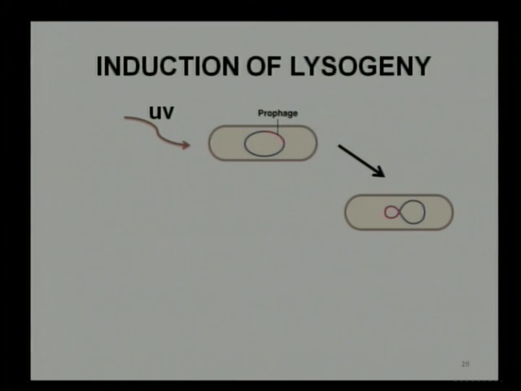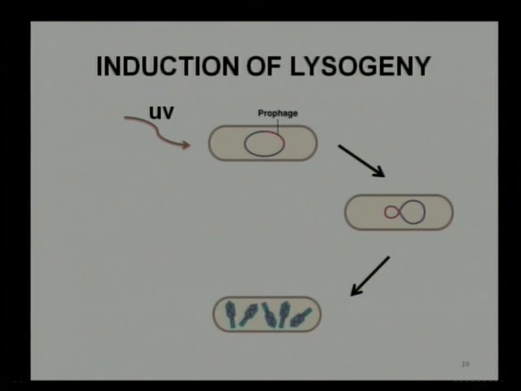recircularization of that bacteriophage genome from the host cell, meaning it will get separated from that host cell. Once it is circularized, it will take up the whole control from the host cell and start its own replication, assembly and multiplication.